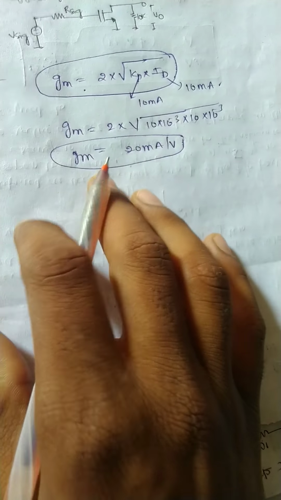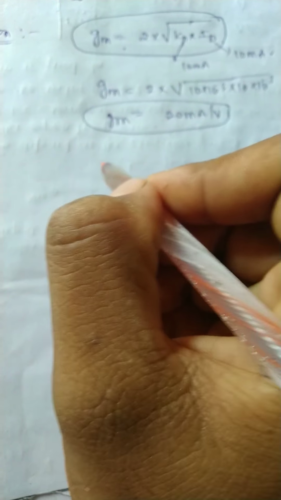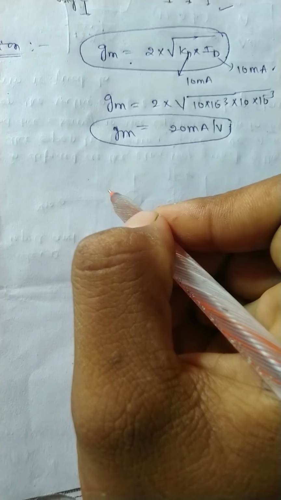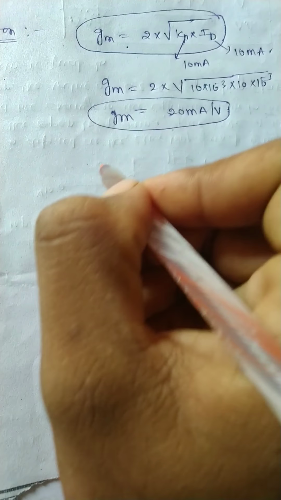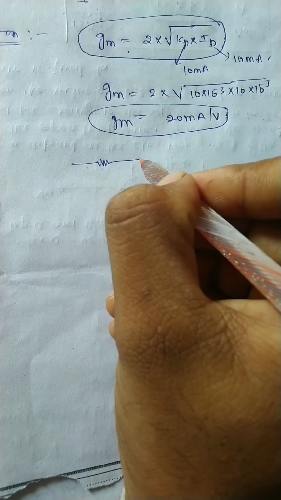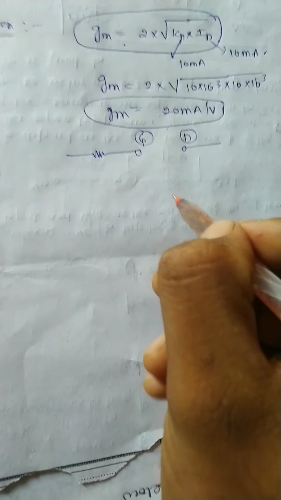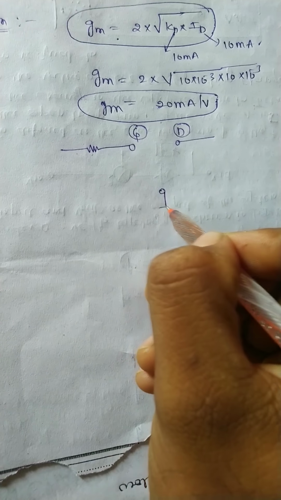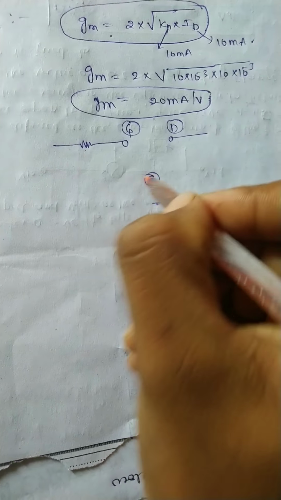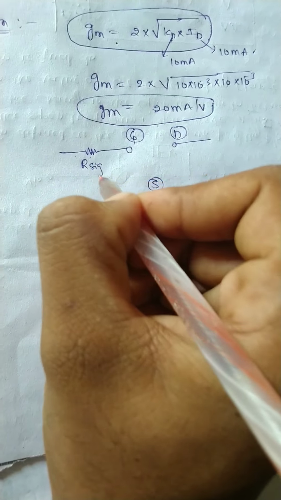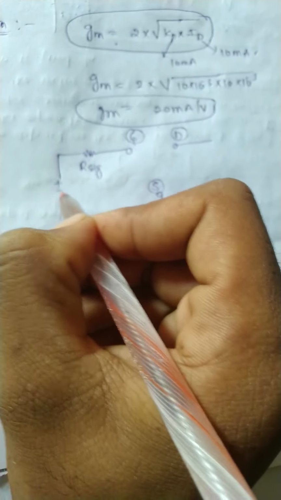After getting the transconductance gm value, we can draw the given circuit in small signal equivalent circuit form. We know the MOSFET equivalent circuit: a resistor connected between the gate terminal and the drain, and the source is grounded. On the input side we have the input resistance and the input supply V signal.